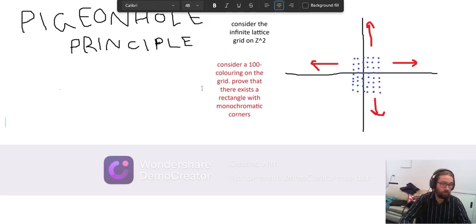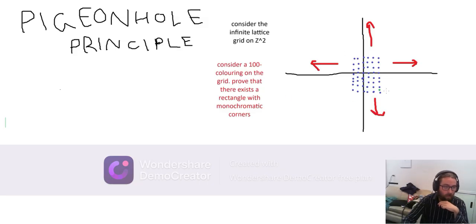A 100 coloring just means that you have to give everything 1 of 100 colors. So I'm not going to draw 100 colors, but basically each of these points gets a color. If you want, we can think of it as like a label. So for example, this might have label 1, this one might be label 93, this one might be 17. It doesn't matter. In math, we just call these different colors. So 100 coloring, where every point has 1 of 100 colors.